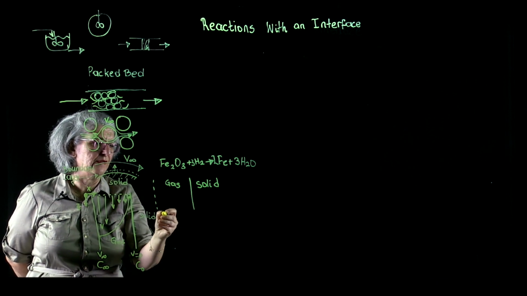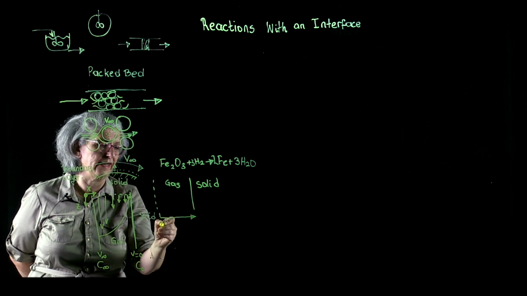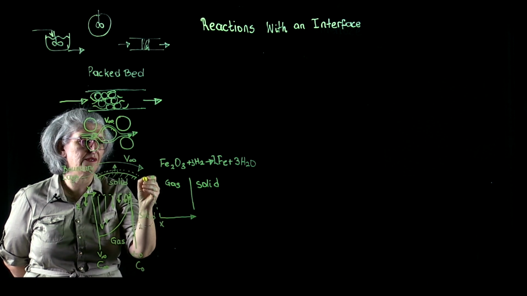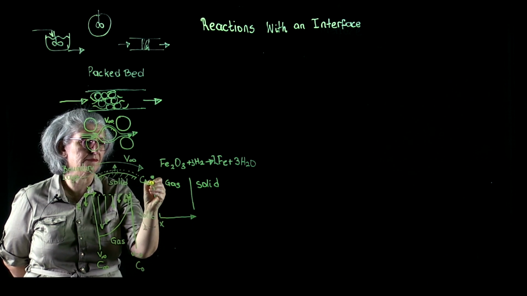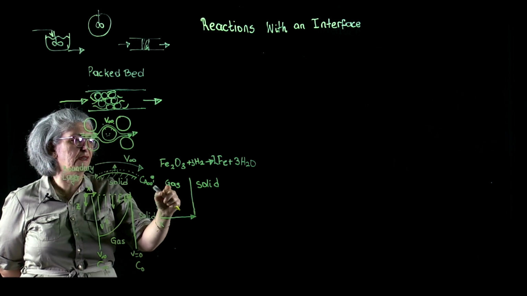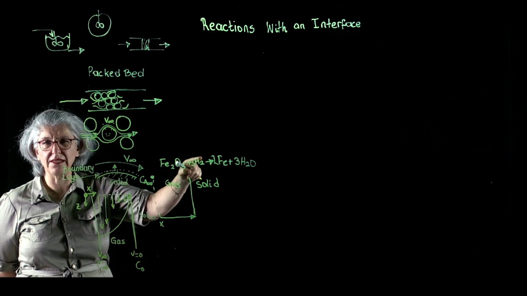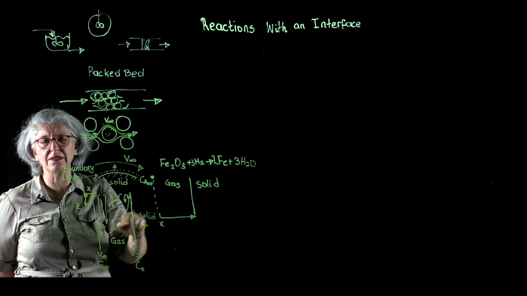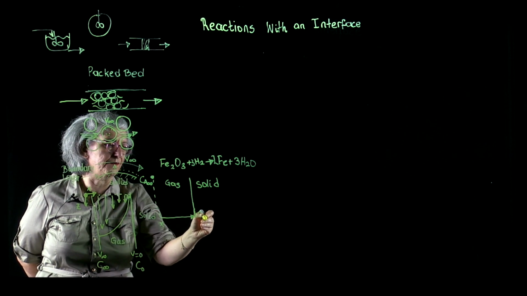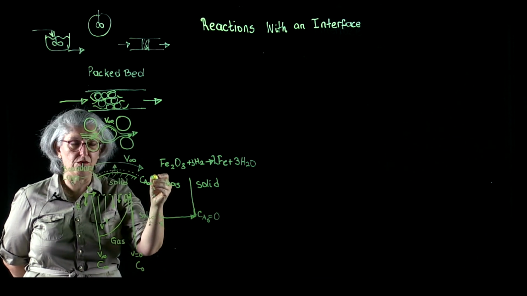So if I just take the position of x0 here, here Ca is Ca bulk, and at the moment it arrives on the surface, it reacts immediately. Because it reacts immediately, its concentration is 0.